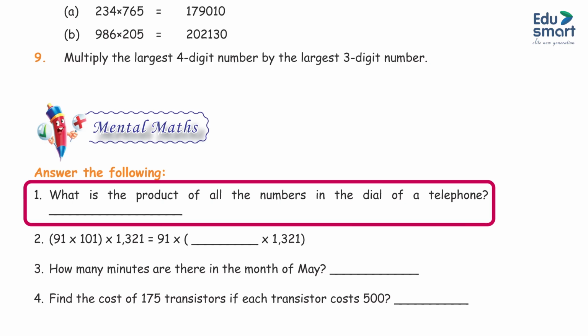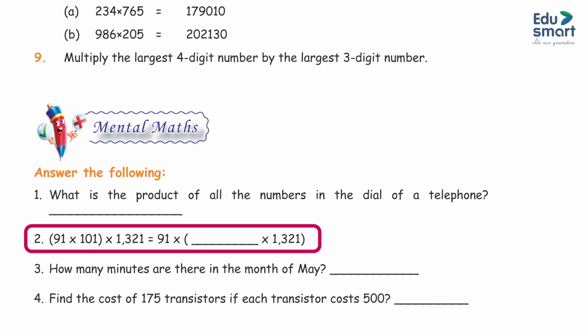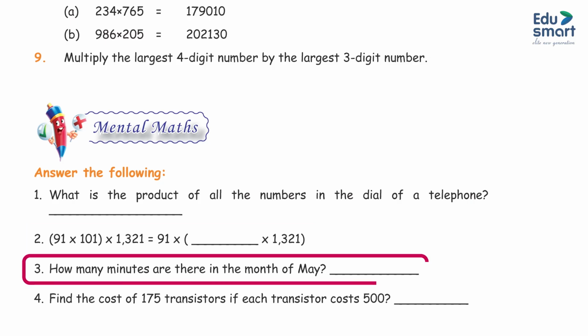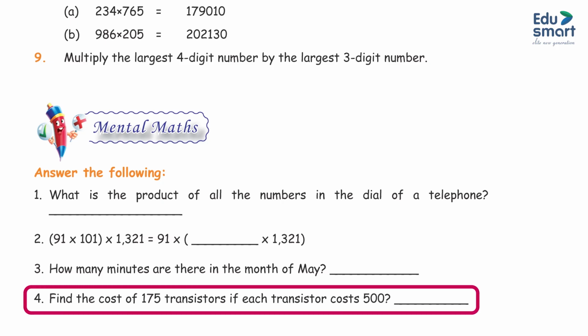A. What is the product of all the numbers in the dial of a telephone? 2. 91 into 101 into 1,321 is equals to 91 into 101 into 1,321. 3. How many minutes are there in the month of May? 4. Find the cost of 175 transistors if each transistor costs 500.